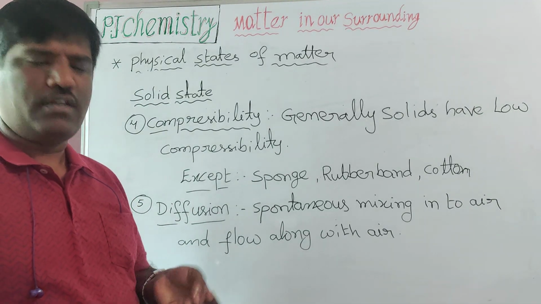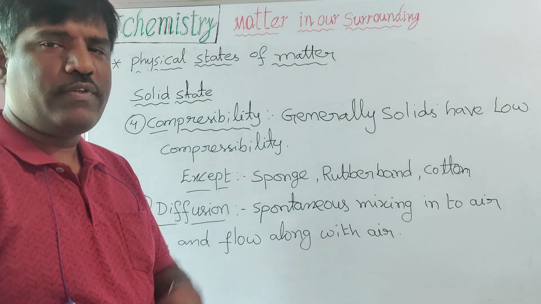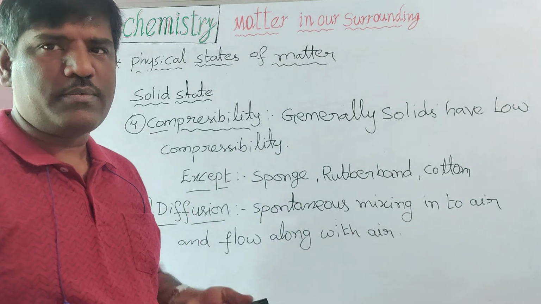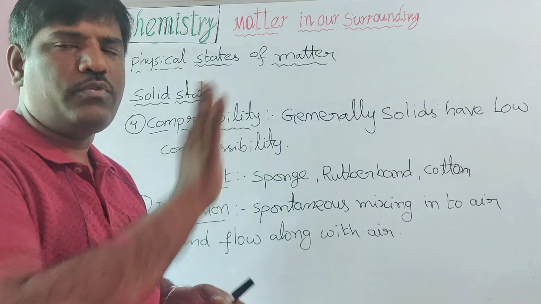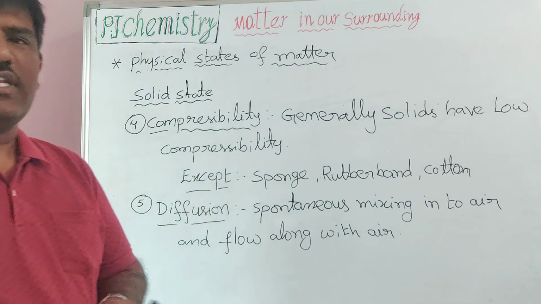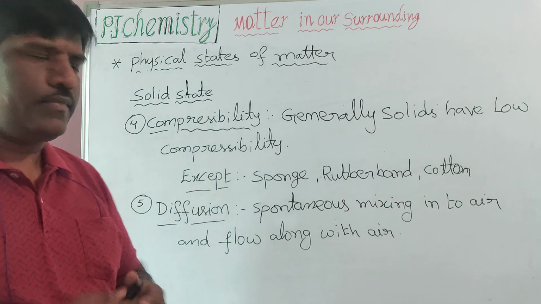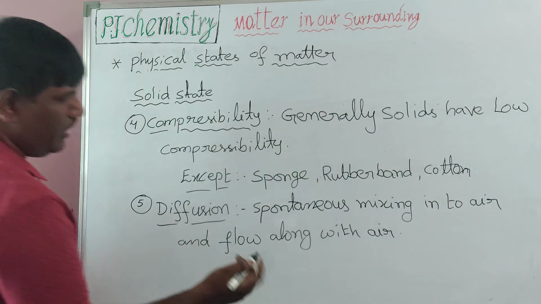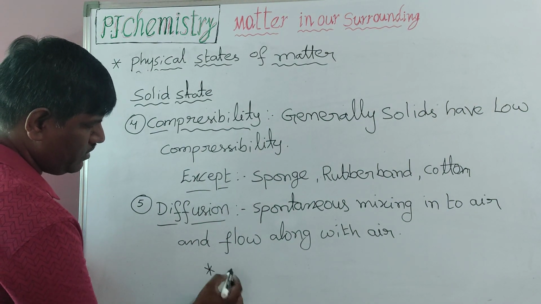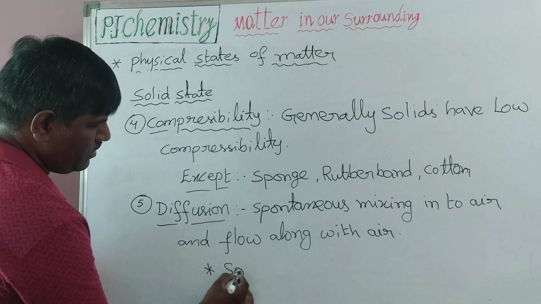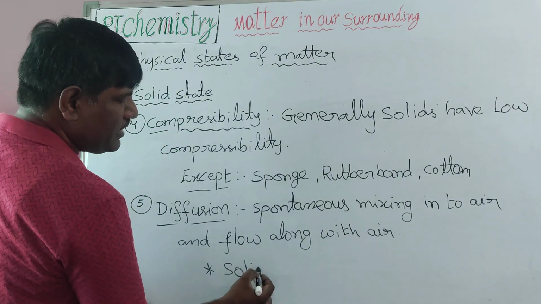Generally solids are non-diffusing. When a substance converts into gas, it will diffuse, but solid substances will not move along with the air. They will not mix with the air and move. So generally solids have less diffusion, or no diffusion also. Why do we say less diffused?